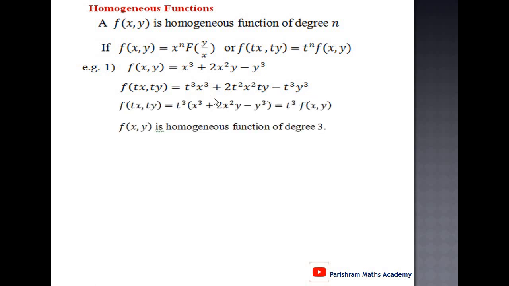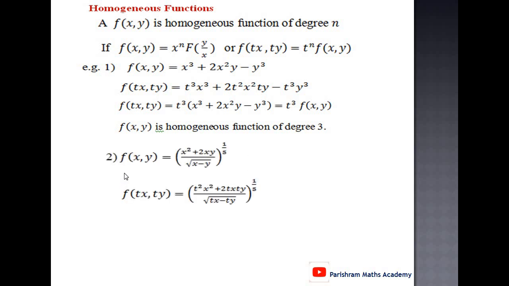Then from each term we can take t cube as common, in bracket x cube plus 2x square y minus y cube. But this bracket term is nothing but the given function f of (x, y), and therefore f of (tx, ty) equals t raised to 3 into f of (x, y). Here the degree of t is 3, and therefore f of (x, y) is a homogeneous function of degree 3.